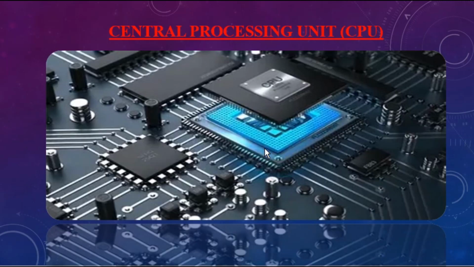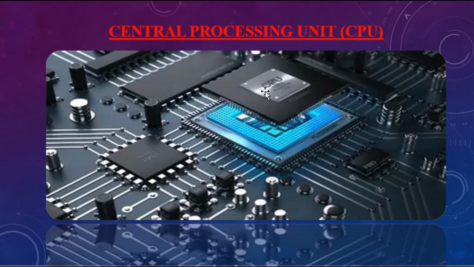The Central Processing Unit, CPU. CPU can be defined as a multi-purpose, register-based, clock-driven, programmable tiny silicon chip. As seen in the diagram, this is the electronic chip called the CPU.